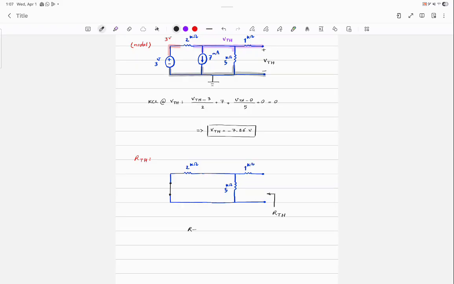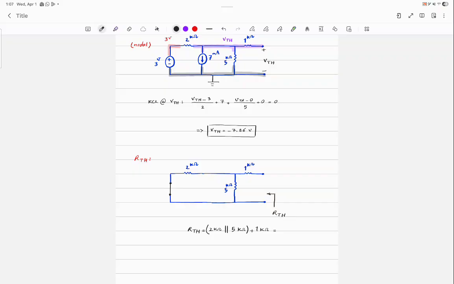But is it very easy to find RTH now? Can you tell me what it is? 2 kilo ohm in parallel with 5 kilo ohm, plus 1 kilo ohm. Do you see that 2 and 5 are in parallel?